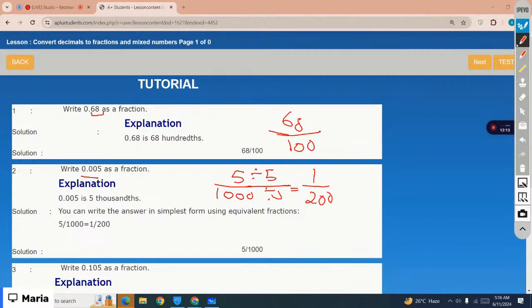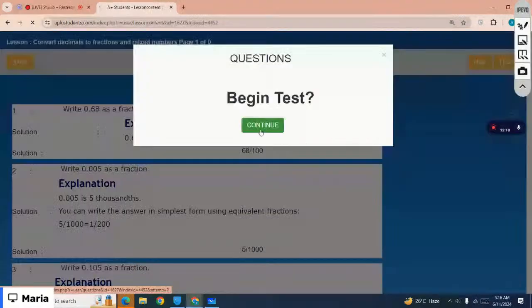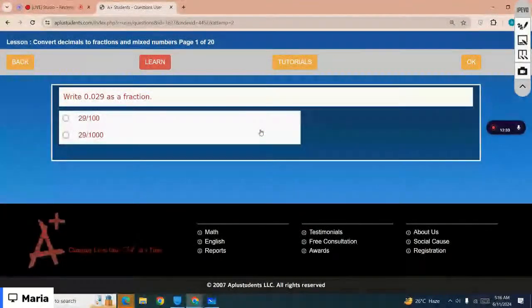Got it? Let's just start with the practice questions. Write 0.029 as a fraction.